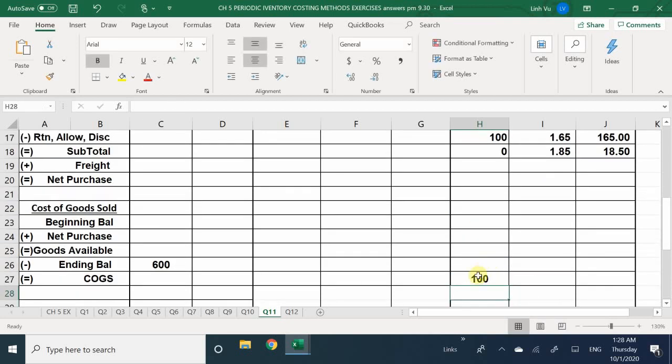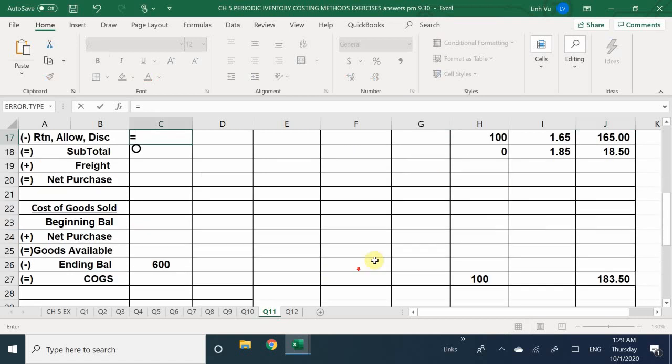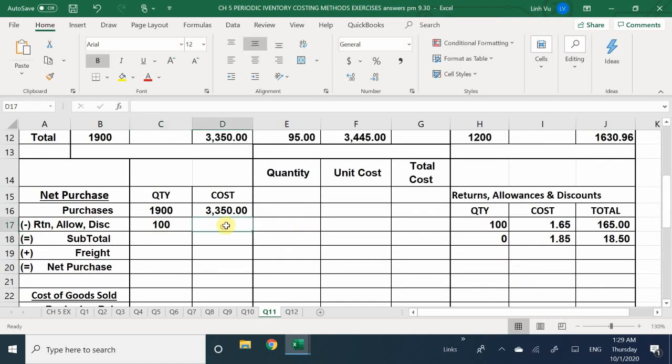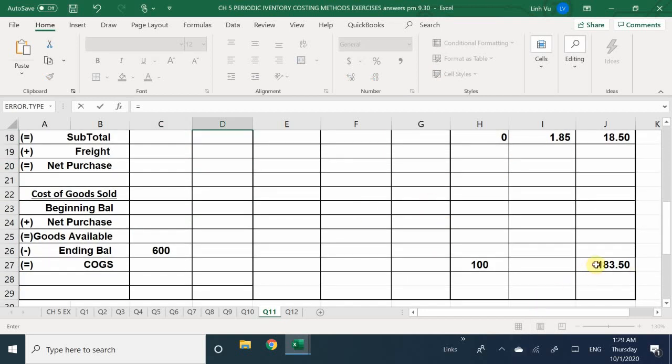Okay, so I have a total of 100 items, and it's going to be for the total of $183.50. So that is exactly what I'm going to paste here. I have a total of 100 returns and allowances for the total of $183.50.